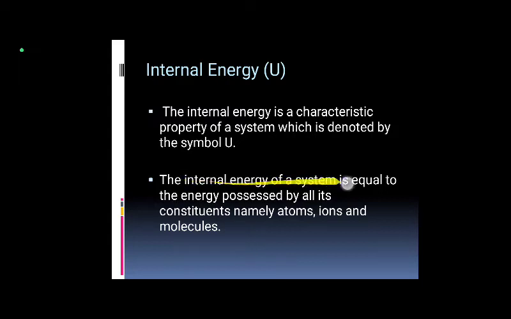The internal energy of a system is equal to the energy possessed by all its constituents, namely atoms, ions and molecules. So what do you mean? If we take a reaction, how many atoms are there, how many molecules are there. The energy possessed by all of them, whether it is an atom, an ion or a molecule, that is called internal energy.